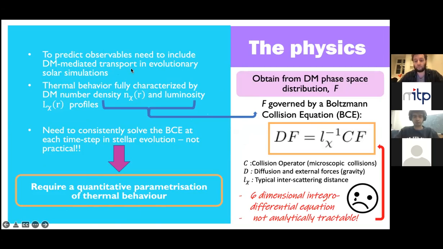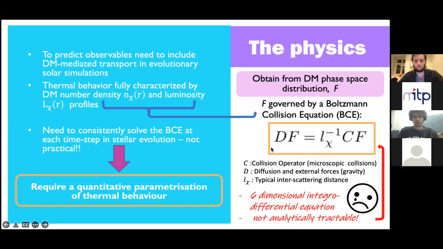Now, the thermal behavior of a captured dark matter population will be fully characterized by the dark matter number density and its luminosity profile. Both of these are formally governed by the phase space distribution, which is governed by the Boltzmann collision equation. Now, this equation is an absolute nightmare to try and solve. It's a 6-dimensional integro-differential equation, which is not in general analytically tractable.